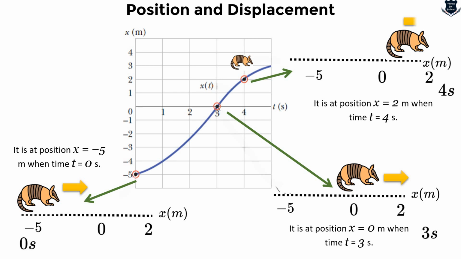So what it shows is the armadillo moving in a straight line. First at t equal to 0 it is at position x equal to minus 5, then x equal to 0 at t equals 3, and so on. This gives you a pictorial and graphical understanding of how position and displacement happen.